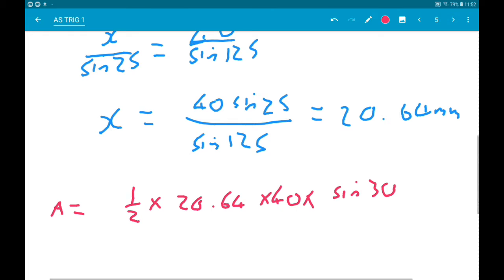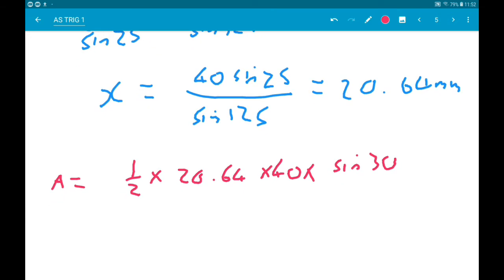Now that gives us 206.4 millimeters squared.